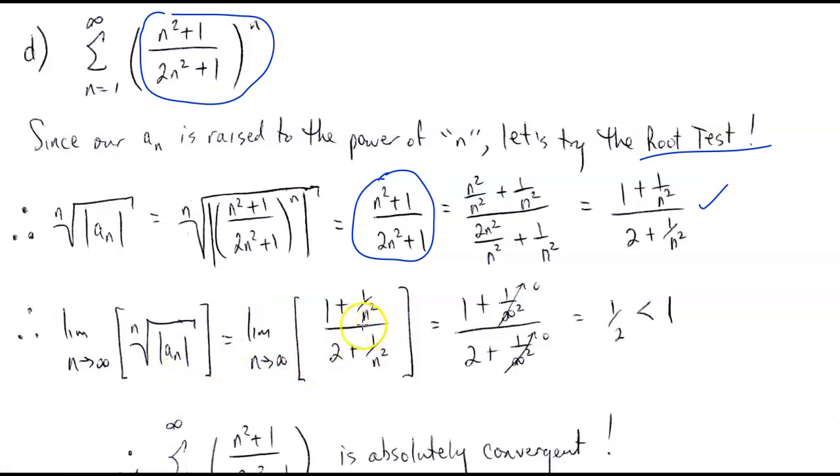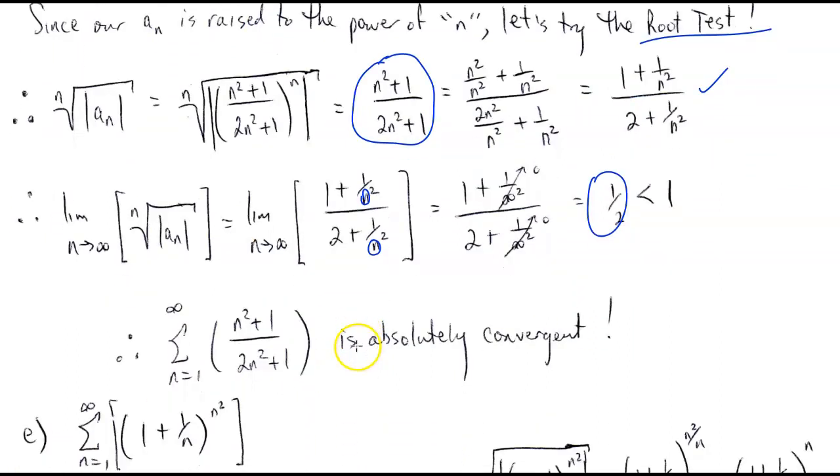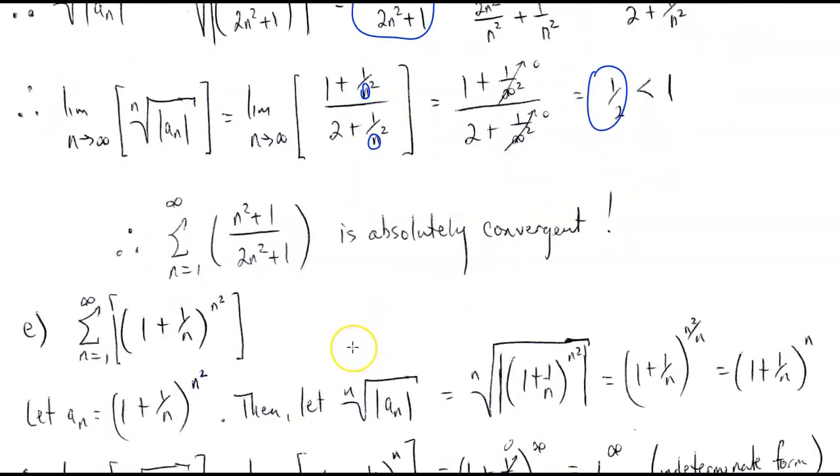Once we're here, you see it's very easy for me to plug in infinity for n here and know that 1 divided by infinity squared is just going to go to 0. And, of course, since 1/2 is less than 1, which is my final answer, I know that this particular series that I'm dealing with here is absolutely convergent, which means that it's going to be convergent, okay?